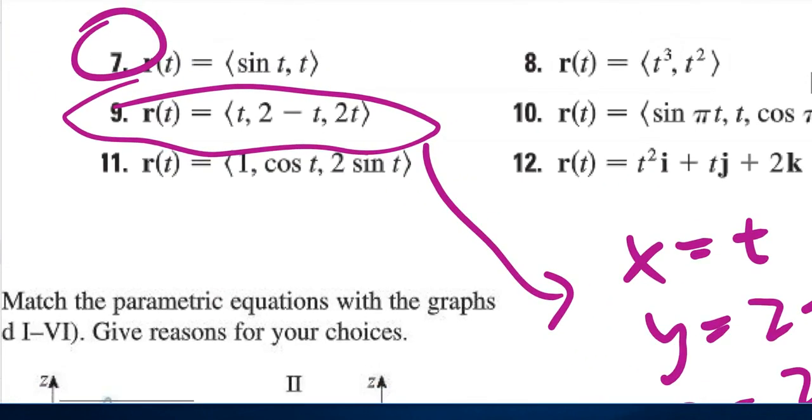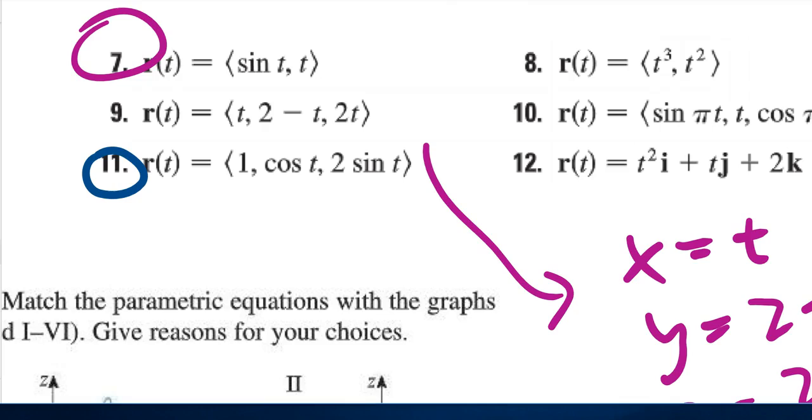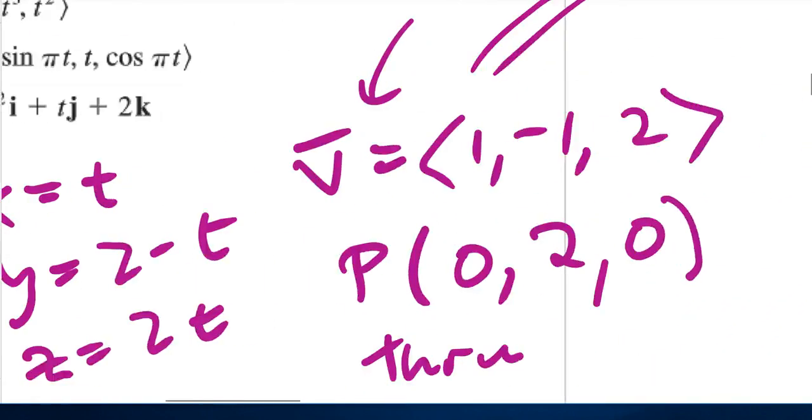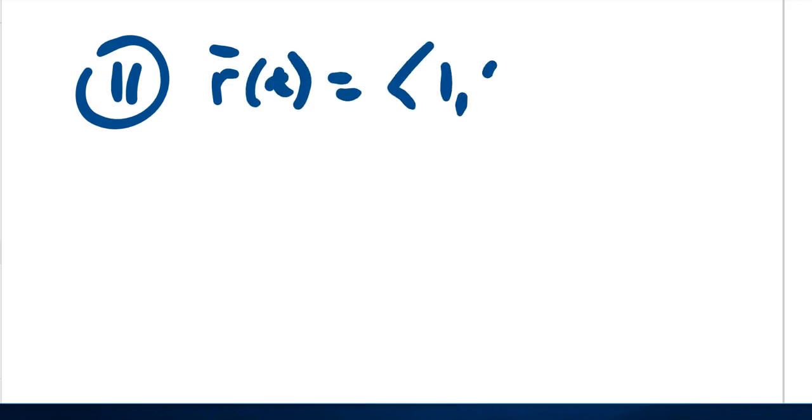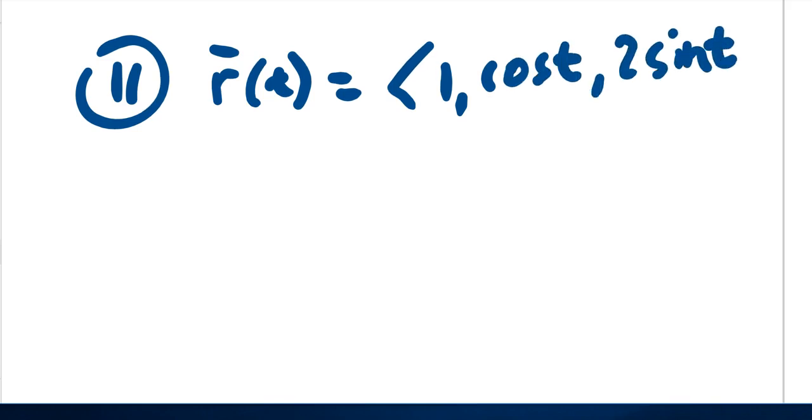Now, if you look at number 11, though, it's a little different. Let's pull this one over. 11 says r of t is 1, cosine t, 2 sine t.